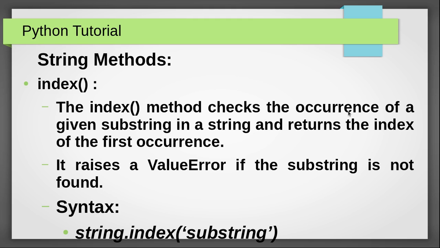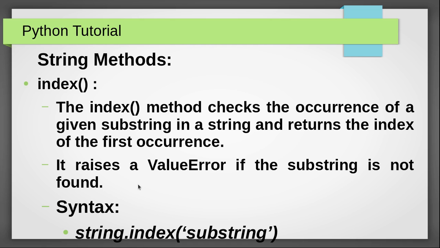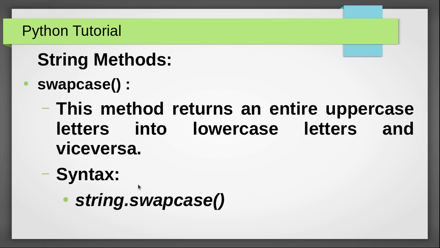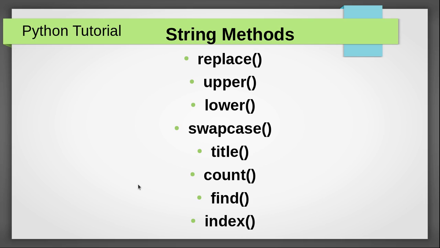The index method checks the occurrence of a given substring in a string and returns the index of the first occurrence. So this is about string methods. So far we discussed string methods replace, upper, lower, swap case, title, count, find and index.